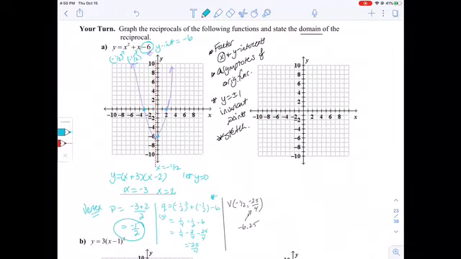I could also have taken x as the p-value, or the x-coordinate of my vertex, and I could have said y, or the q-coordinate of the vertex, would be -1/2 plus 3 times -1/2 minus 2.